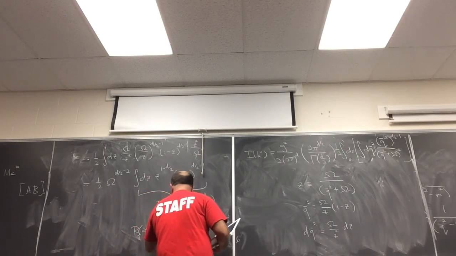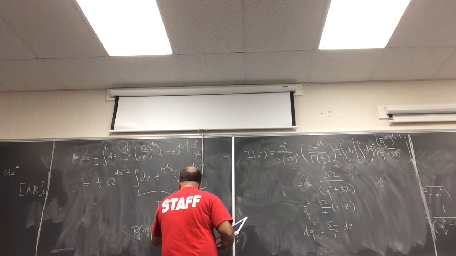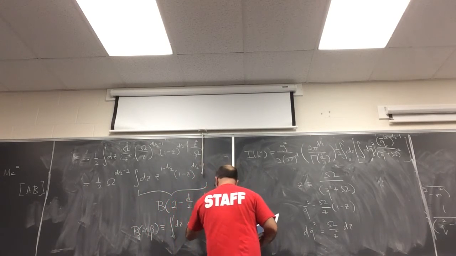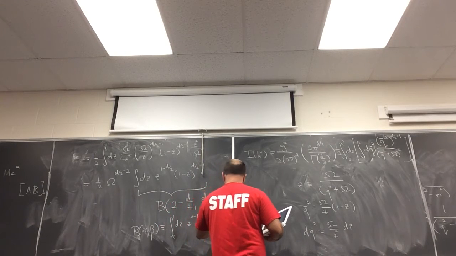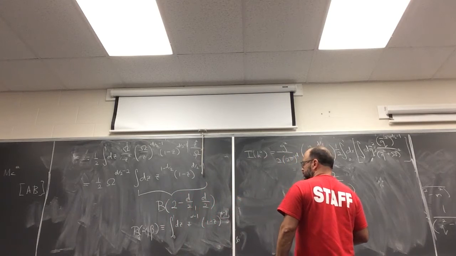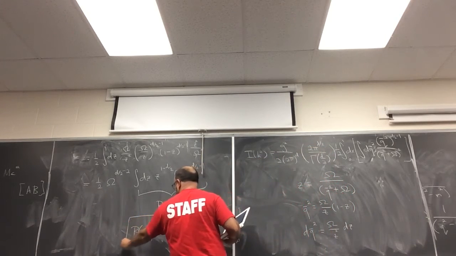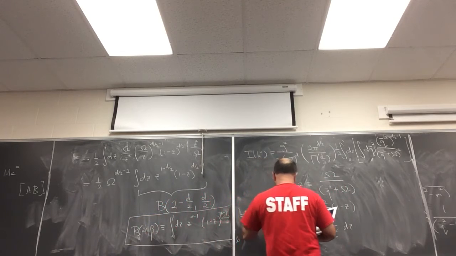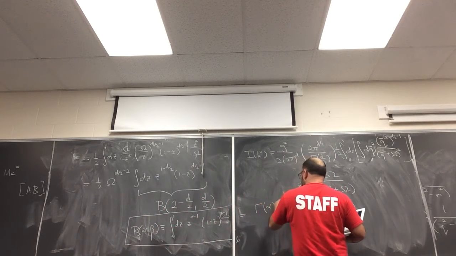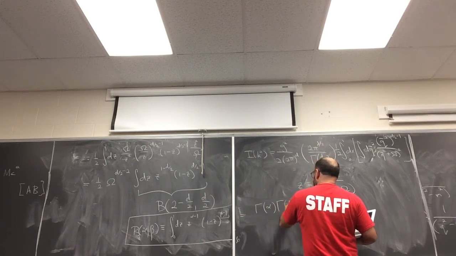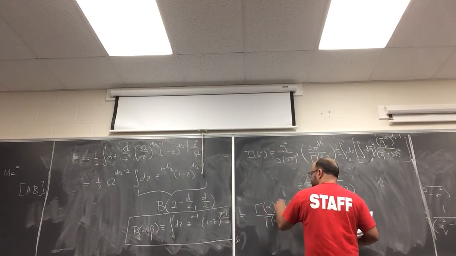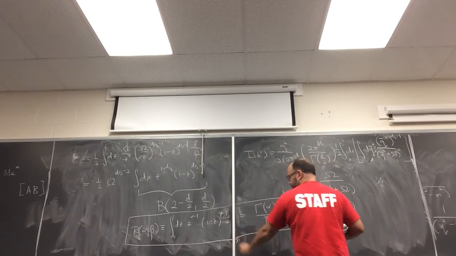So the definition is the integral from 0 to 1 dz z to the alpha minus 1, 1 minus z to the beta minus 1. That's the definition of the beta function in general, and you can evaluate it as a product of gamma functions. So that's the beta function in general.